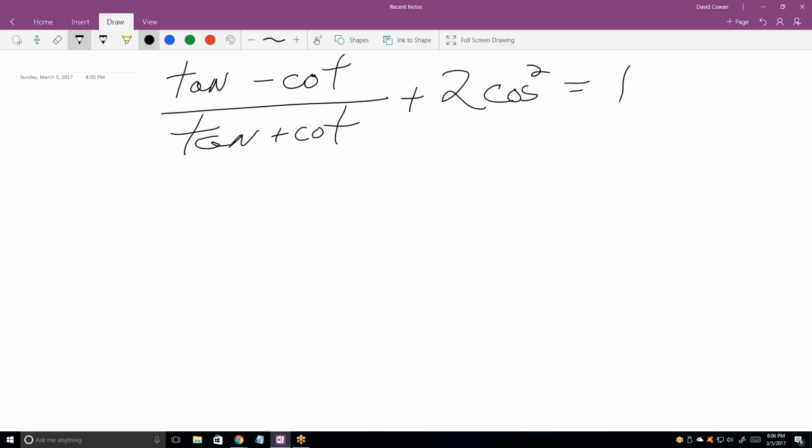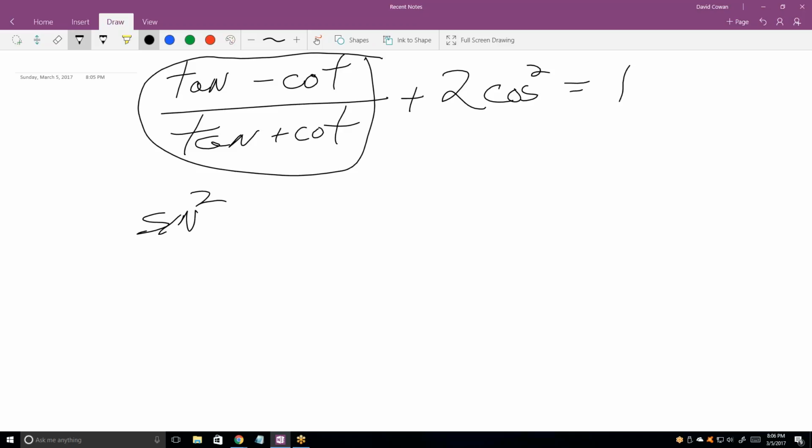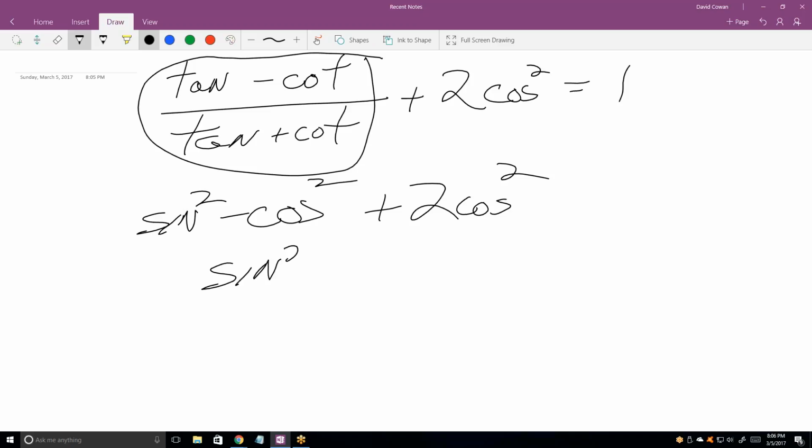Well, I think we're going to do exactly the same thing. In other words, this whole thing we just proved equals sine squared minus cosine squared, correct? Yes. Then if we add 2 cosine squared to it, we get sine squared plus cosine squared.